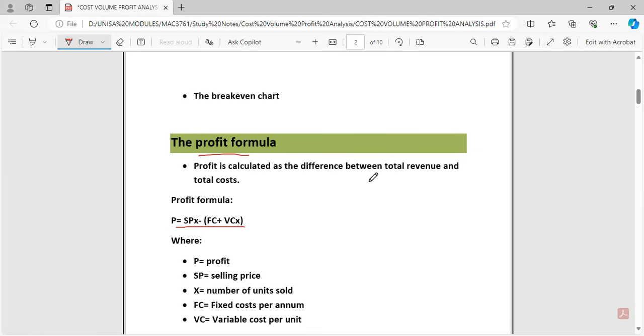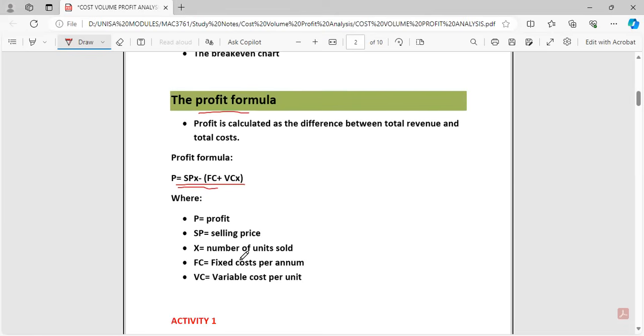Here, profit is calculated as the difference between total revenue and total cost. So if the question requires you to calculate the break-even point using the profit formula, you just substitute figures here, where P is equal to profit, SP is selling price, X is number of units sold, FC is fixed cost per annum, and VC is variable cost per unit.